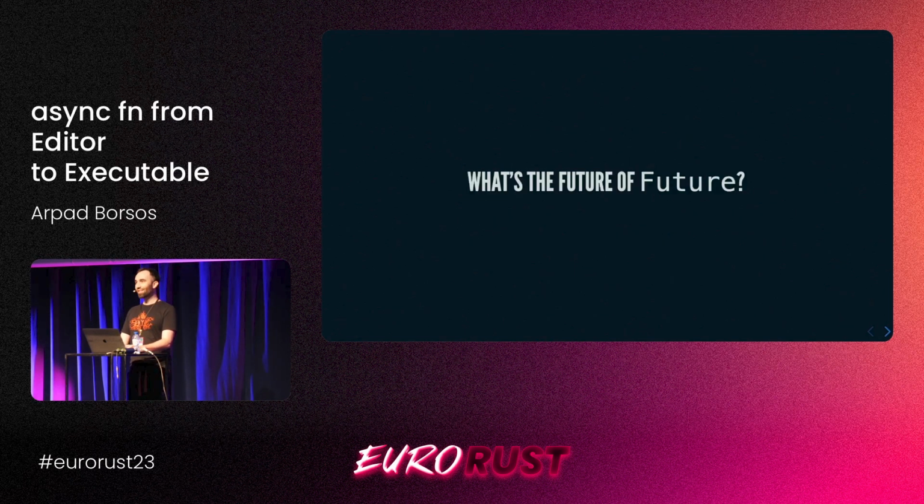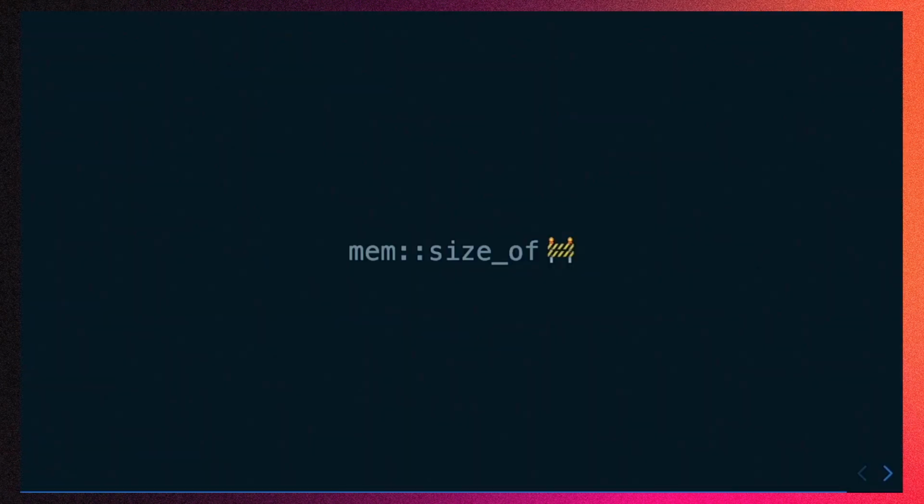So let's take a look into the future. What's the future of future? Some of these problems that we've seen, for example, the size-of problem, are well known to the Rust compiler community itself. There have been multiple attempts throughout the years to actually solve this, to optimize the compiler in such a way that a future doesn't grow by a factor of 7 if you put in another future from outside.